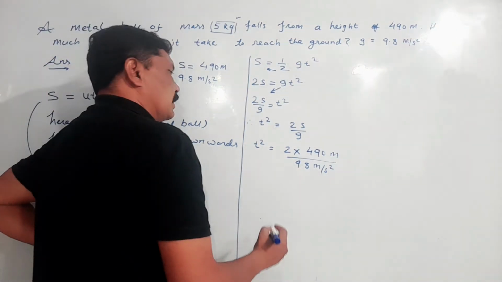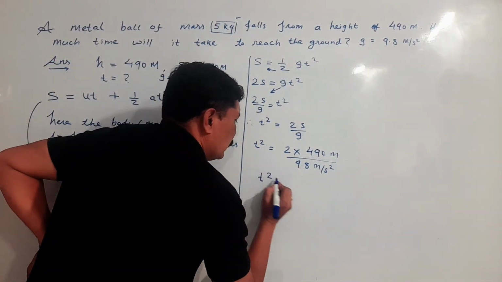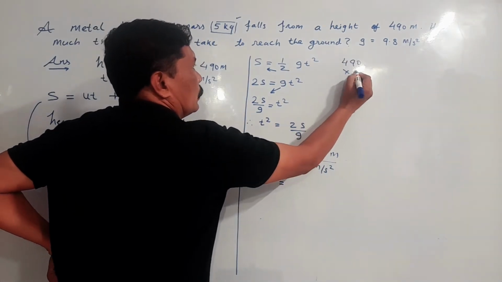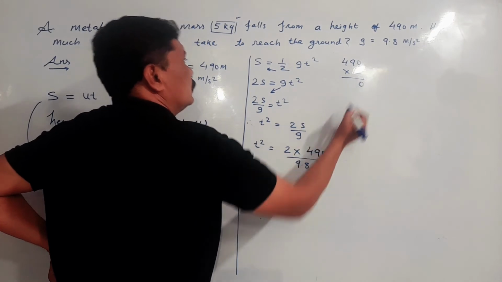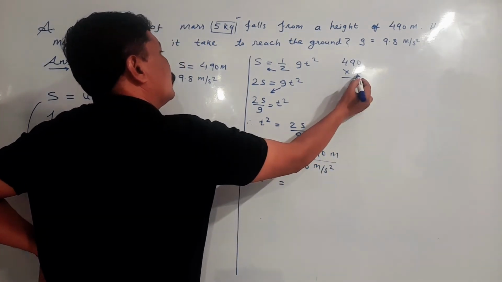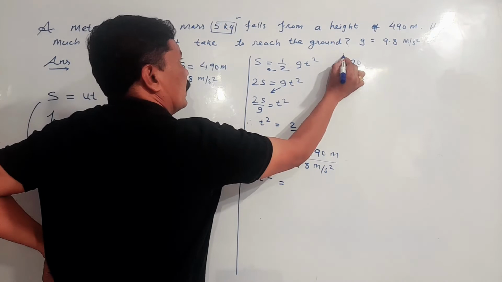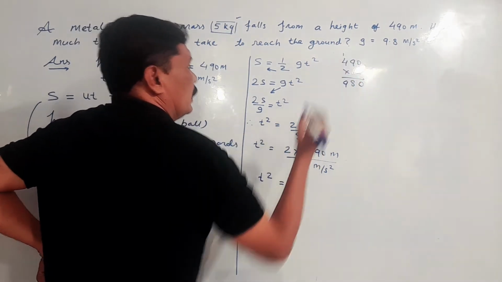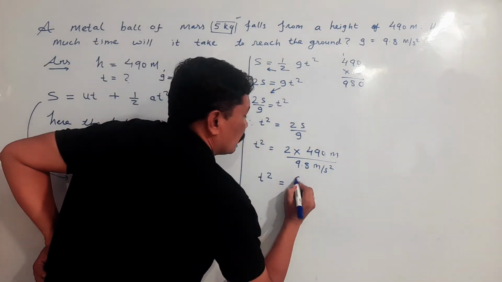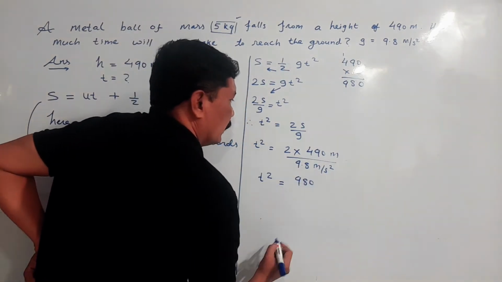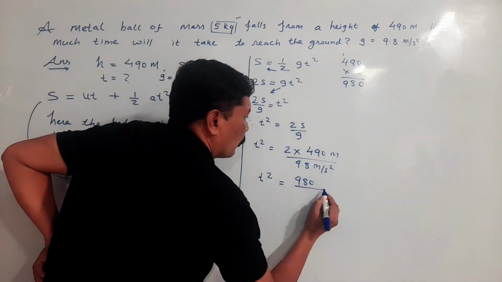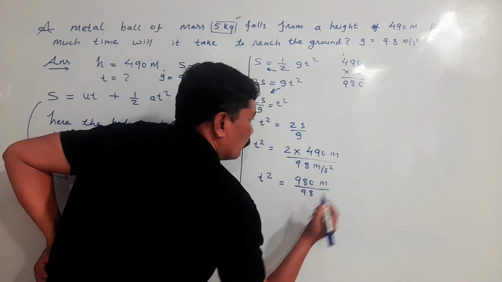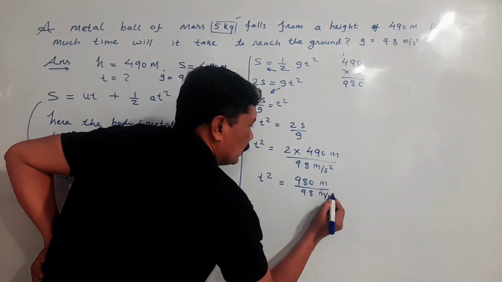Now, my dear student, here t square is equal to 490 into 2. 2 into 0 is 0. 2 9s are 18. 8 1 carry. 2 4s are 8 plus 1 9. So we got 980 upon 9.8, unit also we will write.